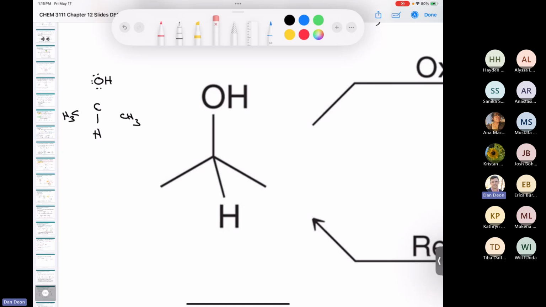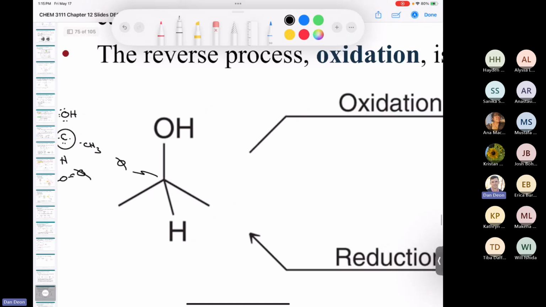If I break the ones between the carbons, then each one gets one because they have the same electronegativity. And then you know that carbon is more electronegative than hydrogen. And so the carbon is surrounded by 4 electrons. So our oxidation state would be 4 valence electrons minus 4 dots minus 0, which gives you 0. So the oxidation state of this carbon is 0.